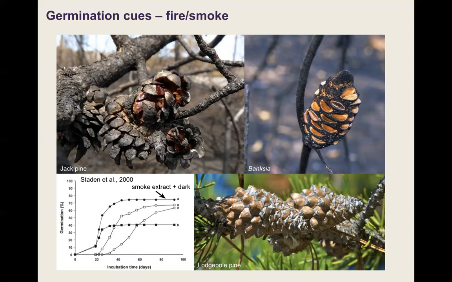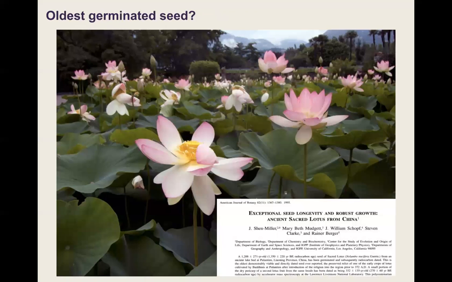So other seeds might not be adapted to return after fire, and if you are, it's a good place to be. This one I found was interesting. They actually used just smoke extract. So the chemical signature of fire, not just the heat of fire, but just the smell of fire was enough to get these seeds to germinate better. So plants are pretty crafty there.